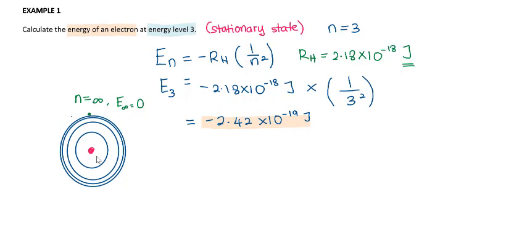But the closer it gets to the nucleus, there is an attraction between the nucleus and the negative charge of the electron, because near the nucleus there are protons. The proton's charge is positive and the electron's charge is negative. So there is an electrostatic attraction between the nucleus and the electron that makes the energy of the electron at each level negative.